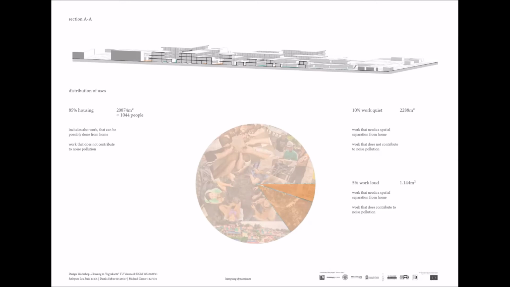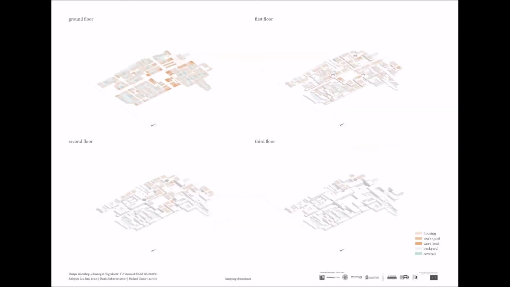And so we divided our area in these three uses. So we got the ground floor, which is the densest, and the first, second, and third will always be less dense.